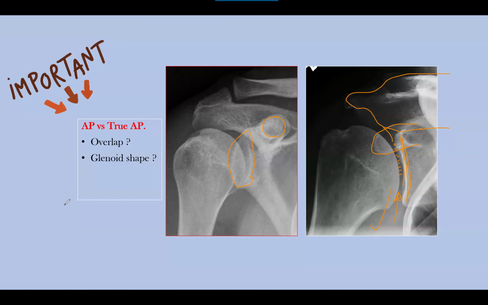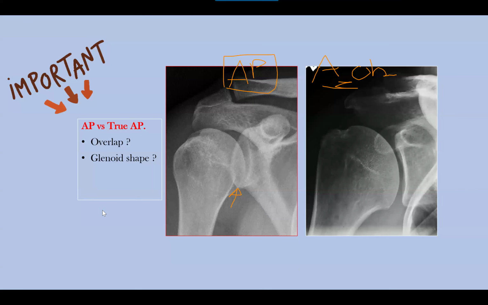So it's very important to differentiate between both views before you diagnose posterior shoulder dislocation. Loss of half moon sign is an important sign in the AB view, not in the apical oblique view. Loss of half moon sign is important in the AB view, not apical oblique.